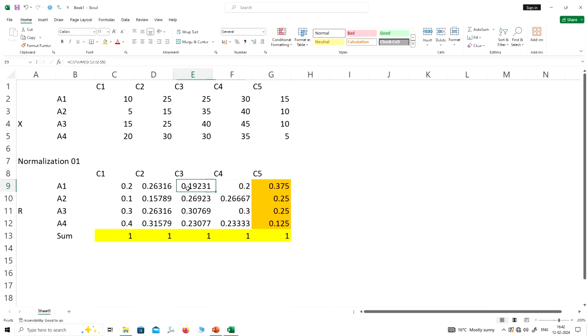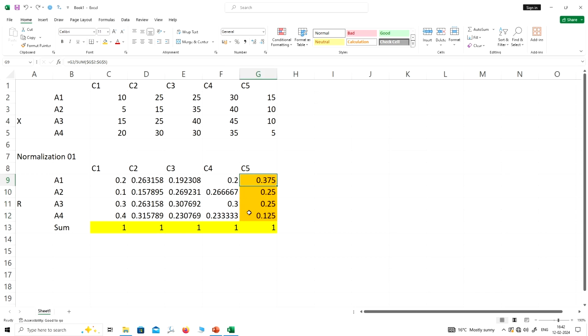If I consider this, as I said, I will remove the color. So, there is no fill. If I go to this, here for C3, which is the criteria 3, the corresponding importance is highest for alternative 3, then it is for alternative 2.